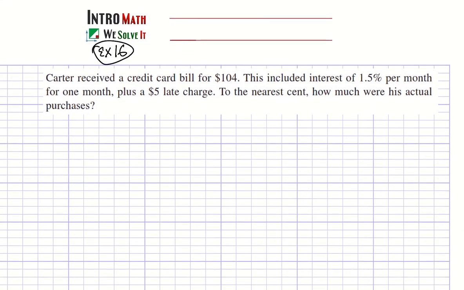And that bill includes the 1.5% fee plus the late charge. So what did he buy? The actual price of whatever he bought. Okay, so think about it clearly.